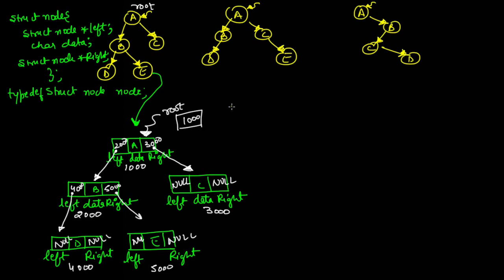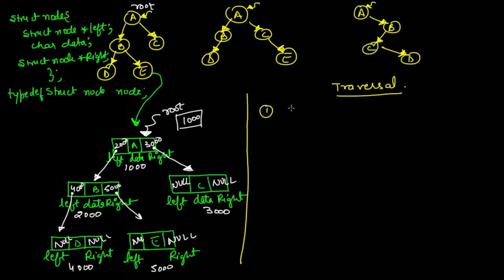Now the first thing is, for example, if you are having a tree and you want to print all the data which are present in the tree, how will you print the data which are present in the tree? This is called a traversal. Traversal means we are going to print whatever data is present in a tree, and there are different kinds of traversal techniques.